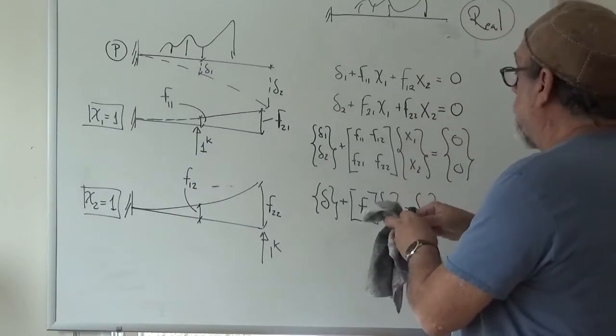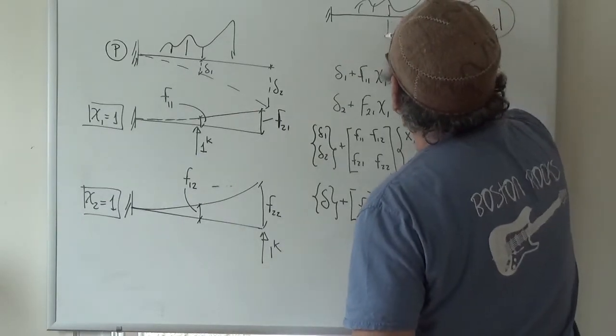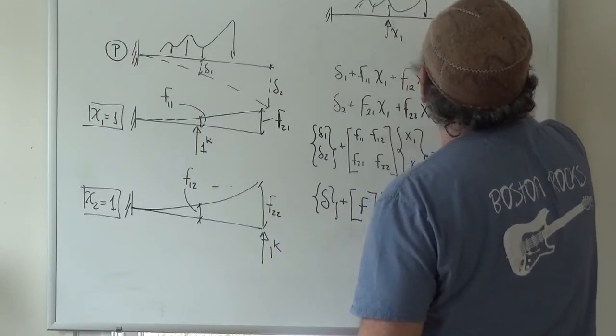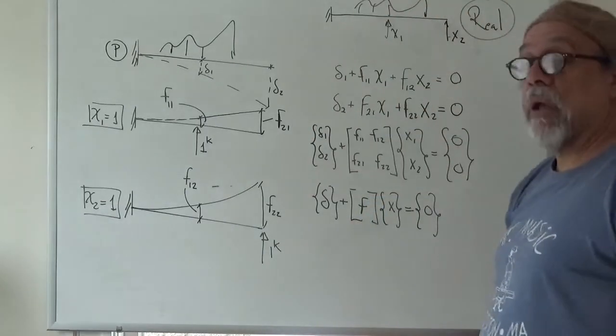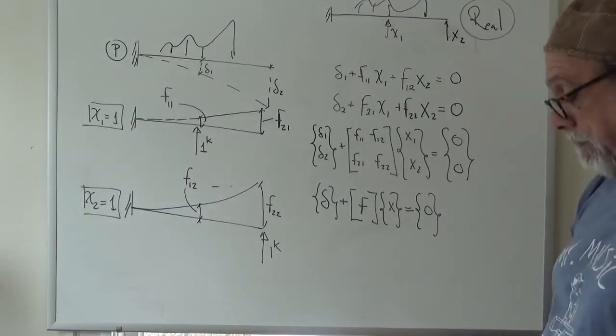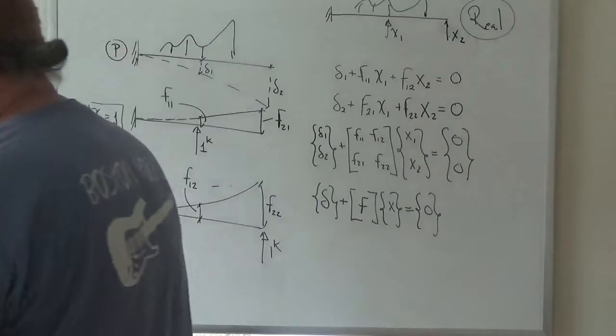And so what we have is just a cantilever beam with a load here, which is x1, and with a load here, which is x2, and we just get whatever we want. Shear, moments, etc., right?